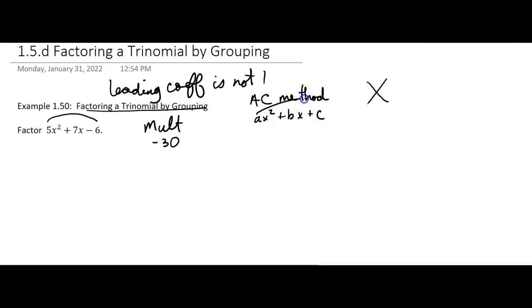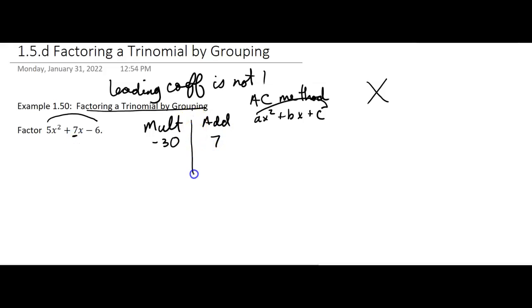And so you're taking the a times the c, okay? So you're going to take that front coefficient, make sure it's in standard form, take the leading coefficient times the constant. Okay, so we get a negative 30 when we do that. So we want two numbers that multiply to negative 30, and add to be still that middle coefficient, 7.